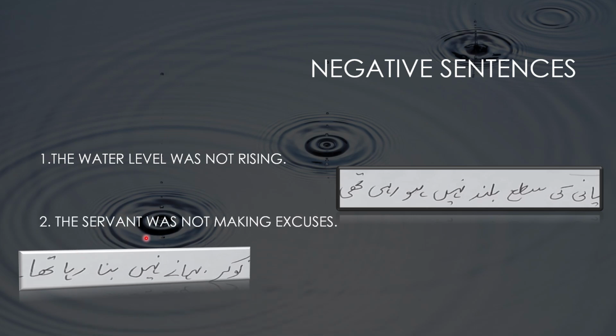The servant was not making excuses. रहा था, रही थी. You can clearly identify them at the end of your sentence, and it would help you to translate them correctly into past continuous.